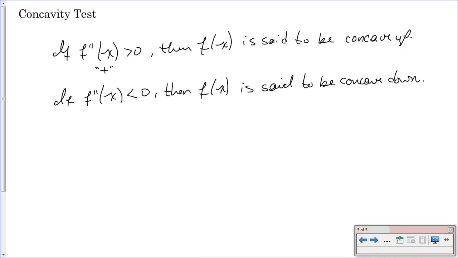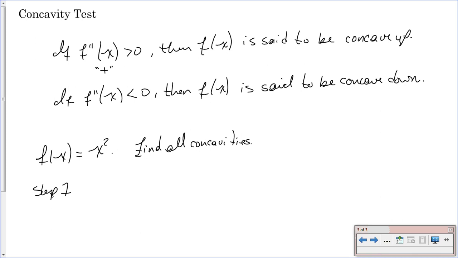Let's look at a problem. Say f of x equals x squared. We want to find all concavities. Step one, we need to get f double prime.